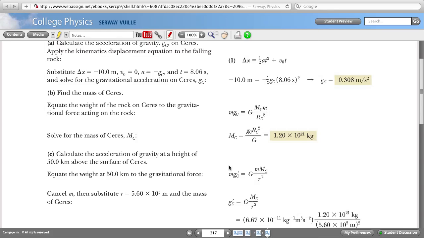On Earth, if you set mass times gravity, m times g, equal to G times the mass of the object times the mass of the Earth over the radius of the Earth squared, and solve for little g on the left-hand side, you will get 9.8 meters per second squared. And that's where that actually comes from. That 9.8 meters per second squared can be derived from the universal gravitational law of Newton.